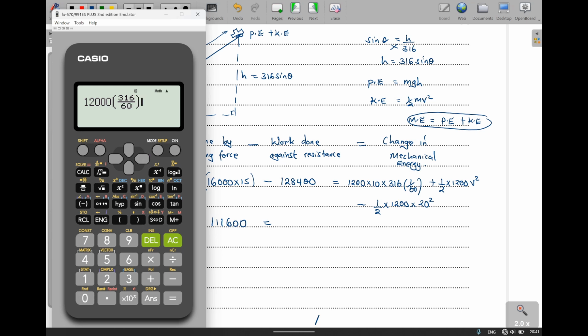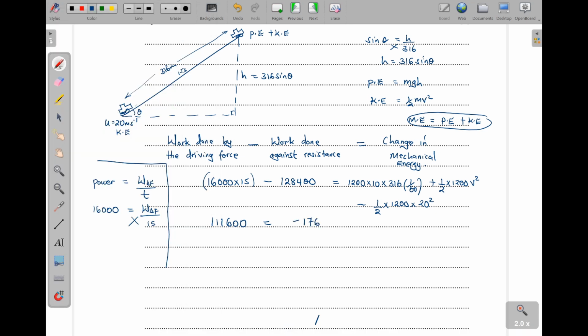And then I can subtract right away 0.5 times 1200 times 20 squared. So all of it together here, it will give me negative 176,800, and then plus a half of this one, of course, that will be 600 V squared.